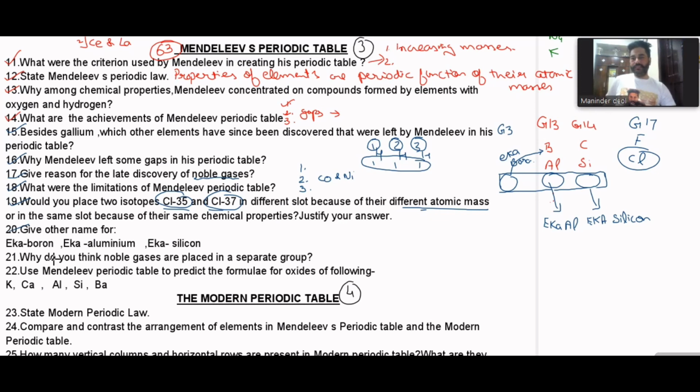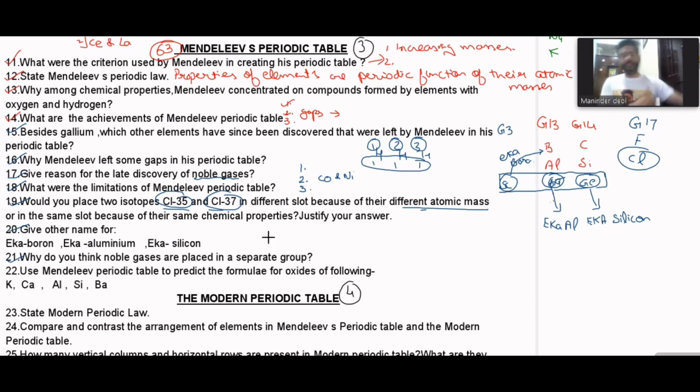20th, give other names for eka boron. This I already told: eka boron is scandium, eka aluminium is gallium, and eka silicon is germanium. These are the names. Now 21st, why do you think noble gases are placed in a separate group?